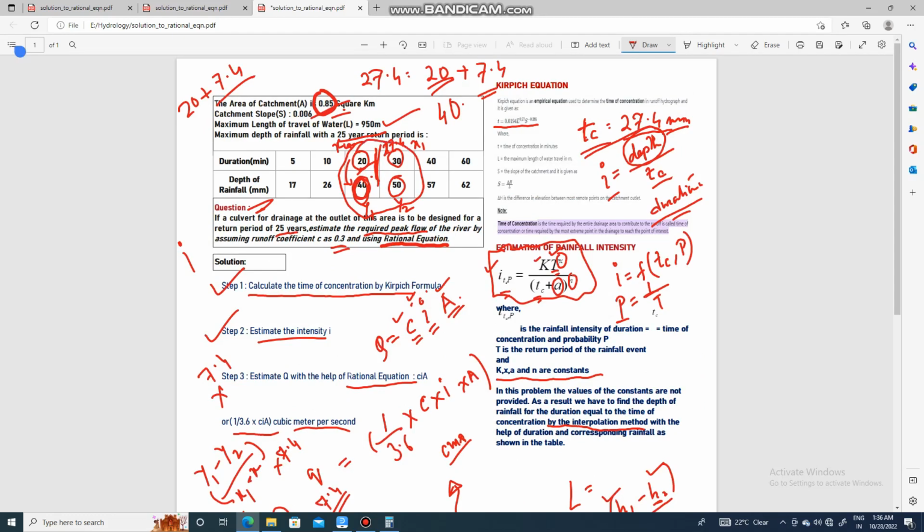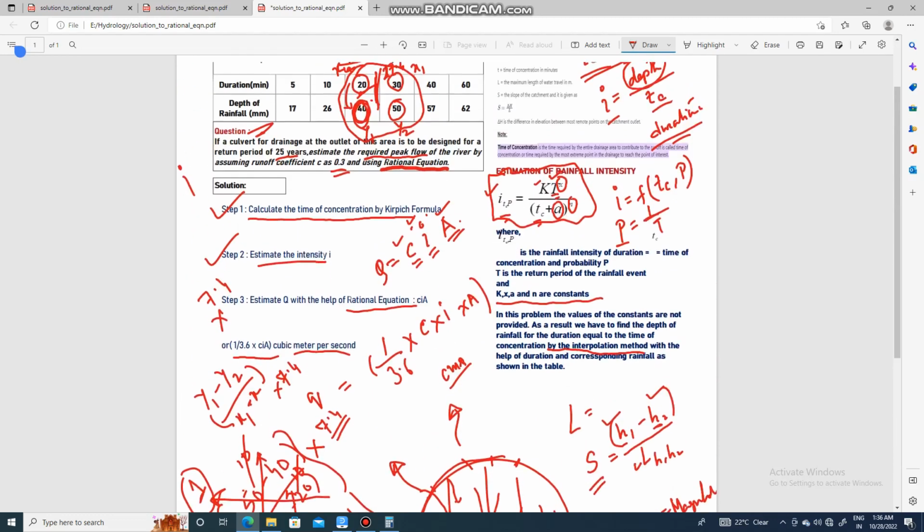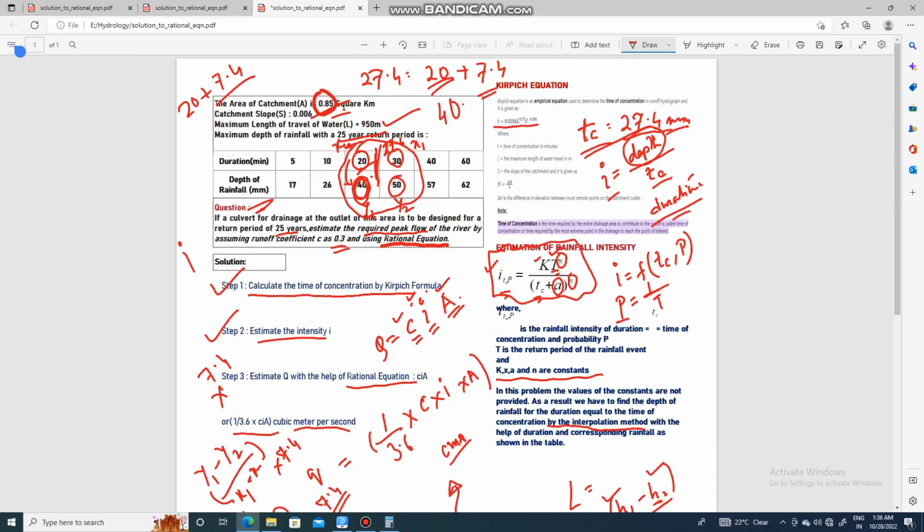So we have to find that slope. How can you find it? You have to find the corresponding rainfall for the duration 27.4. This is not matching, but this is matching. For 20 you will get 40, then for 30 you will get 50.